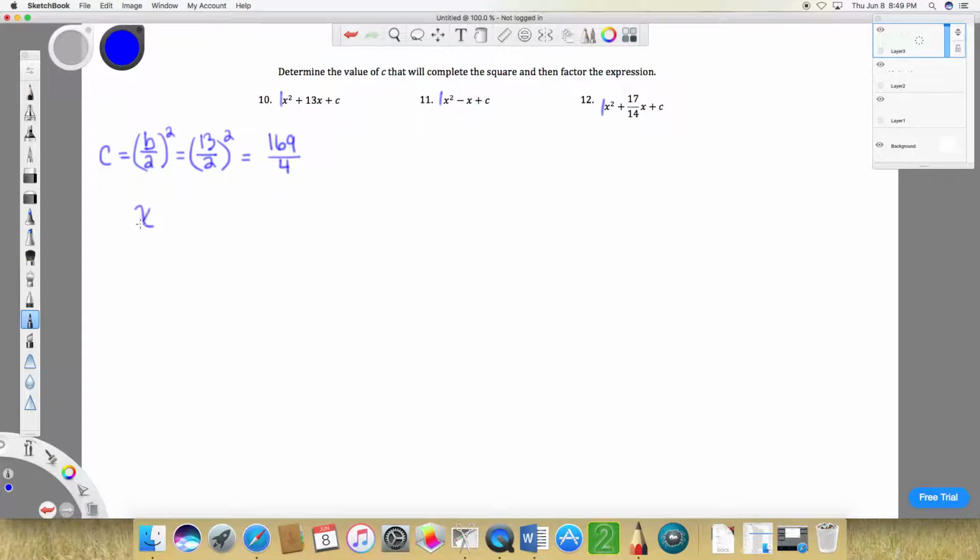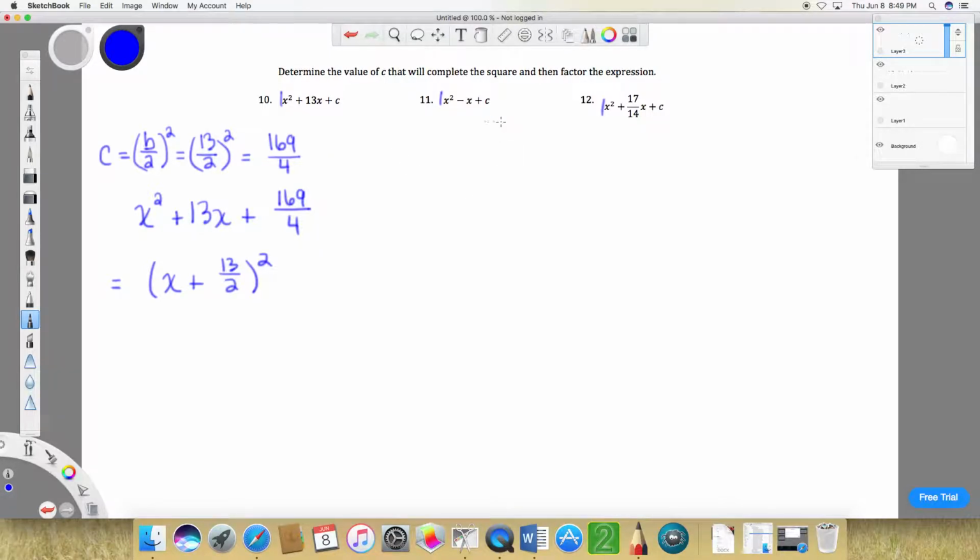Now, if this trinomial were to equal x squared plus 13x plus 169 over 4, and I was asked to factor that, I could easily do it by knowing that this is a perfect square, that this is x plus half of 13 squared, and I'm done. Okay, so this 13 over 2 is always going to appear down here.